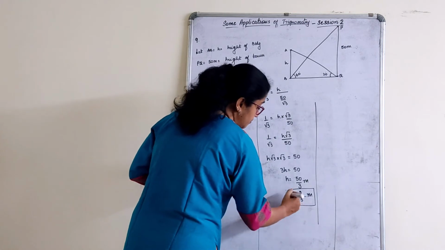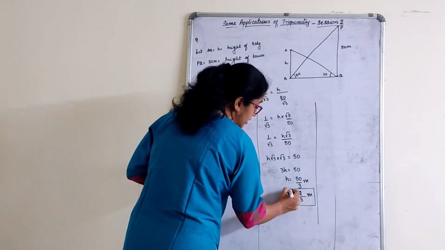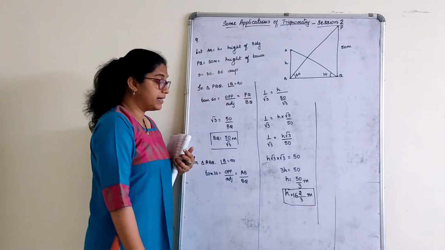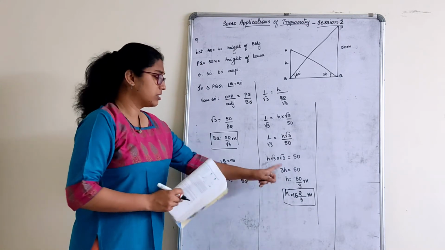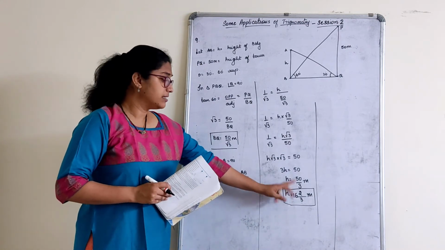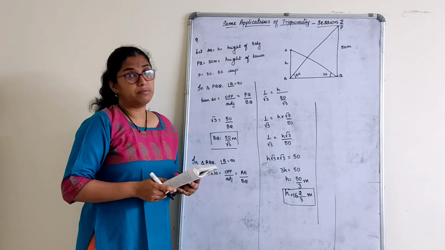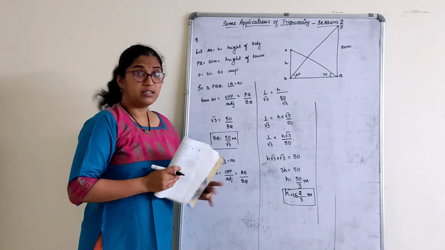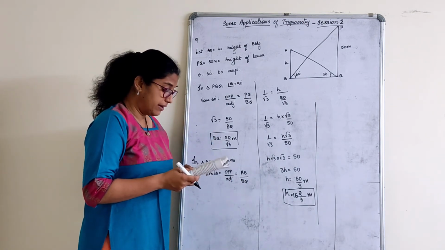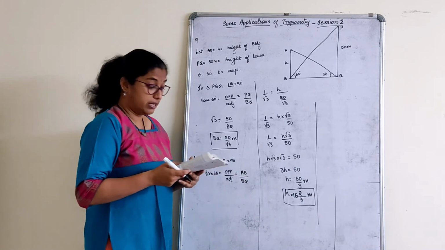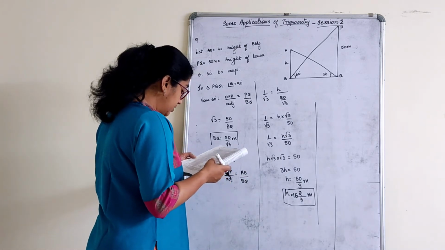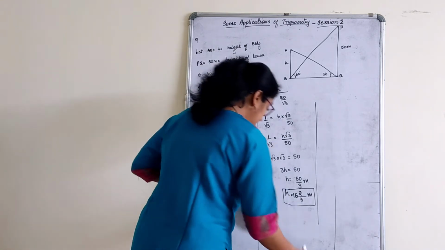H is equal to 16 2 by 3 meter. That's the answer. Or keep it 50 by 3 meter. But still, it's okay if you convert that to a mixed fraction and keep it. This is how you solve. I think this is the one for which we have actually got some numerical value at least. Right? So, next one.